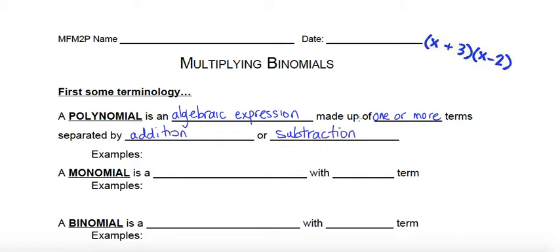Some examples of a polynomial could be 2x squared plus 3xy plus y squared plus 3.